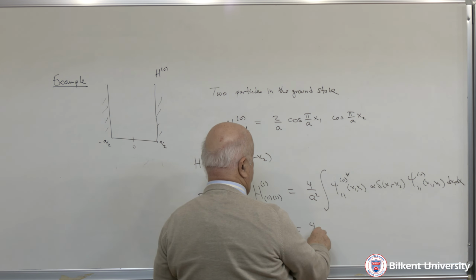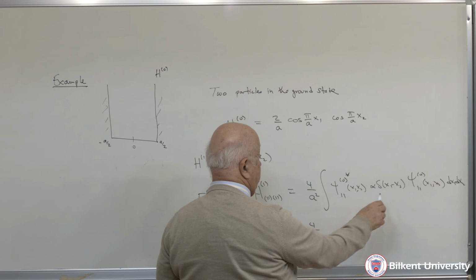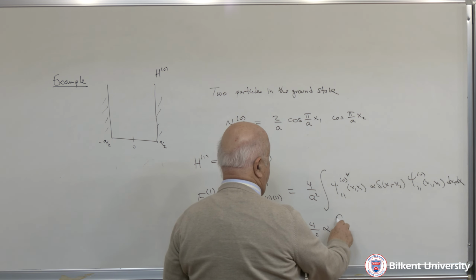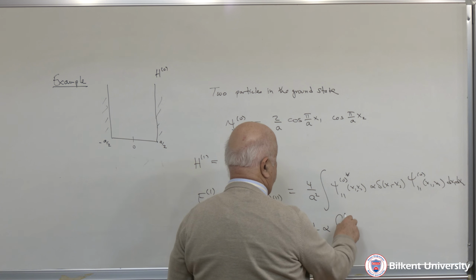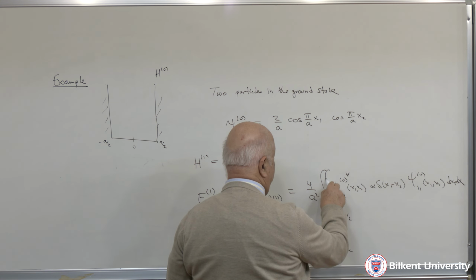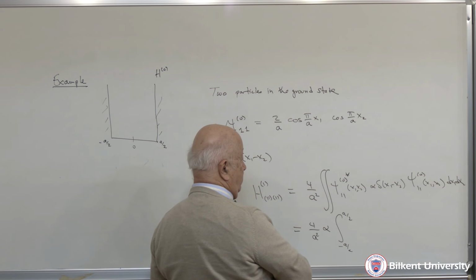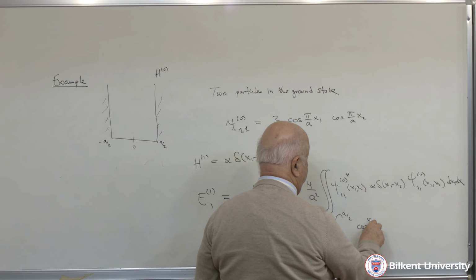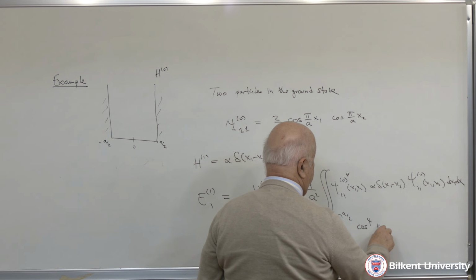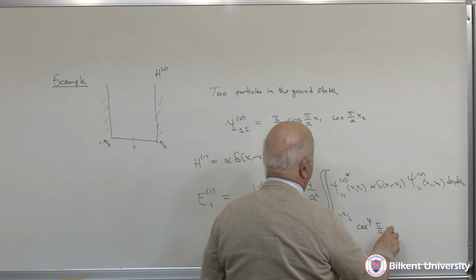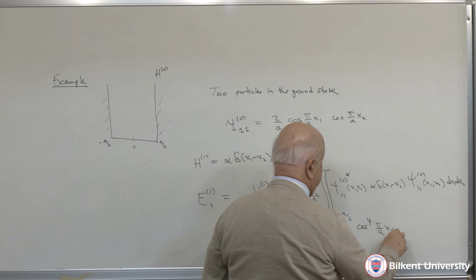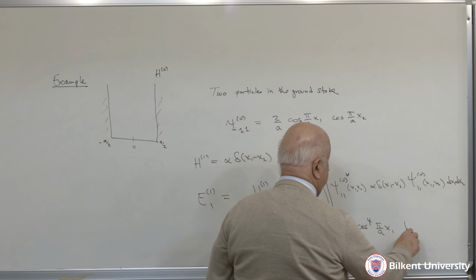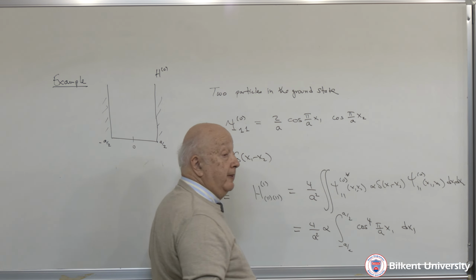Let me pull the alpha out. Minus a over 2 to a over 2. So it's a double integral in x1 and x2, and I'll end up with cosine to the 4th power of pi over a x1, dx1.